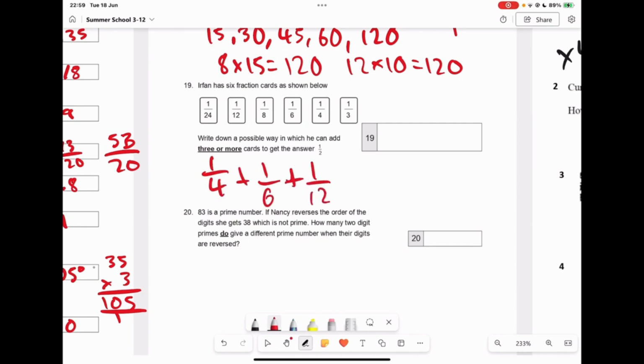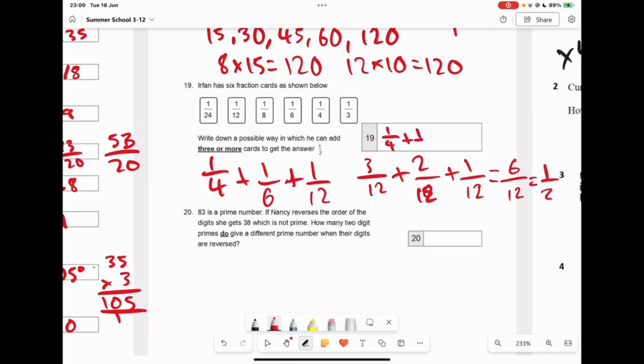That could work. Yeah, because that's like doing 3 twelfths plus 2 twelfths plus 1 twelfth. And that's like 6 twelfths, which is a half. Okay, so that's the answer. 1 over 4 plus 1 over 6 plus 1 over 12.